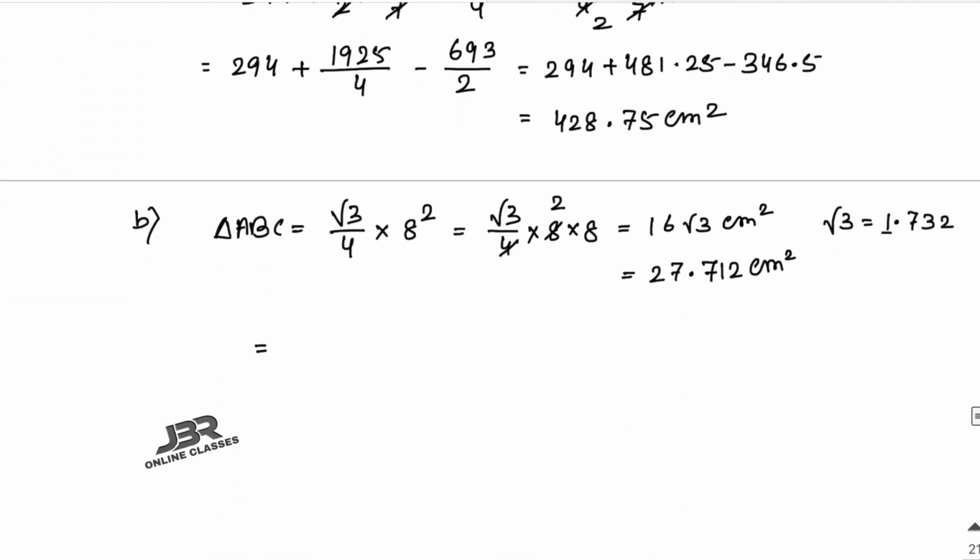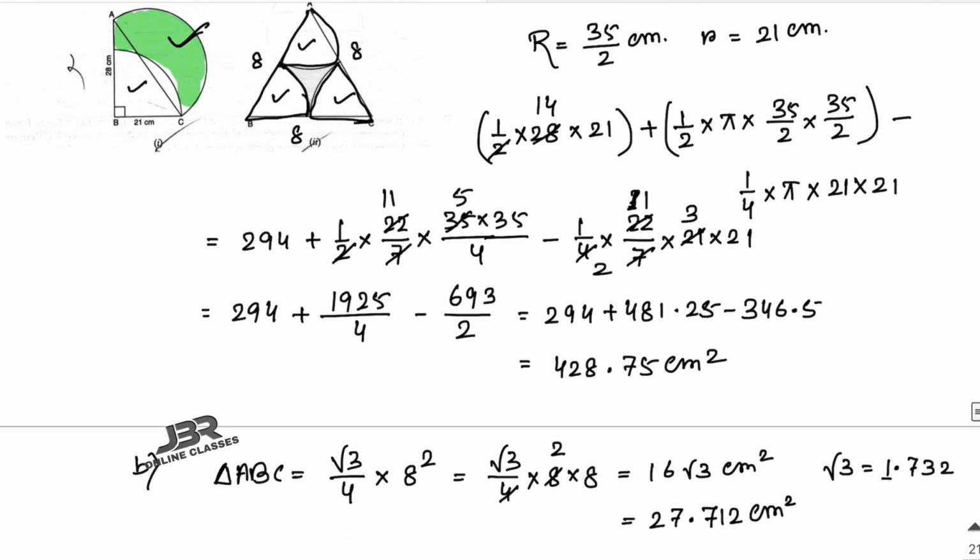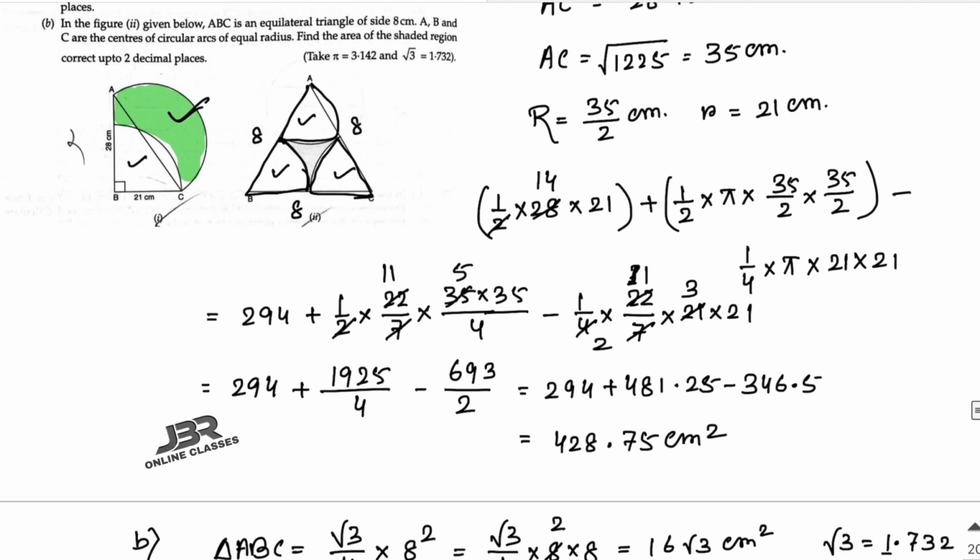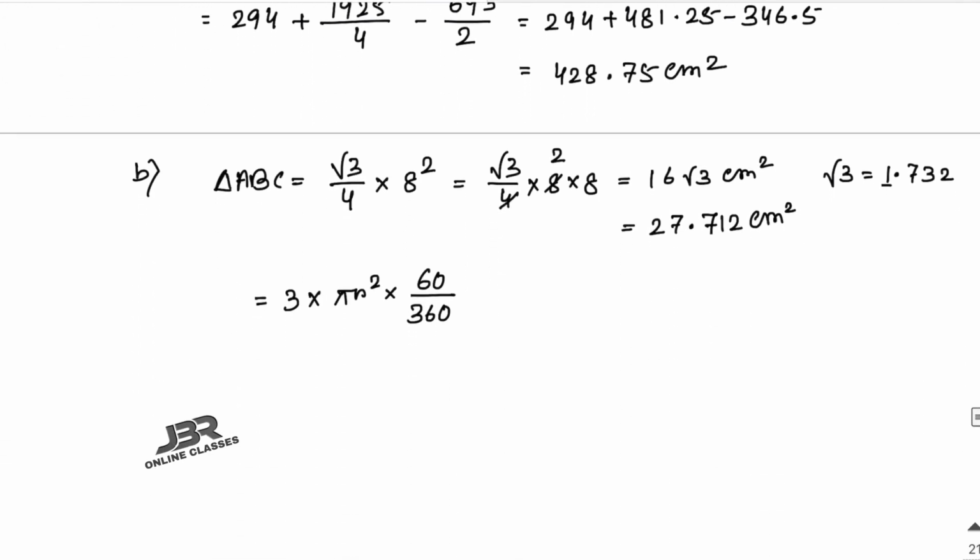Here your formula is 3 into pi r square, and then write down 60 by 360. Why 60 degree? Because each and every angle of an equilateral triangle is equal to 60 degree.